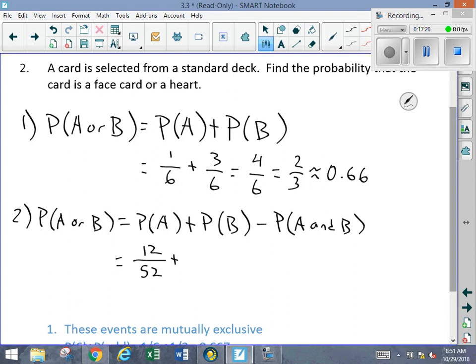There are 13 hearts. And we have to subtract the things that are in common, the face cards that are hearts: the Jack, King, and Queen of hearts. So there are 3 out of the 52 that are those things.